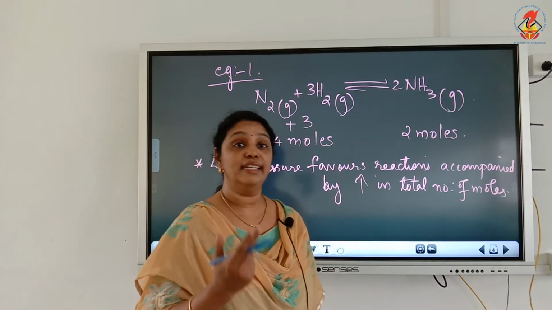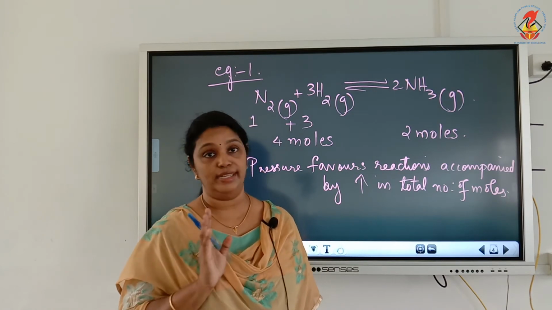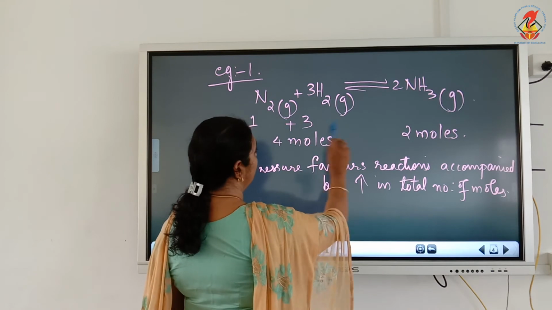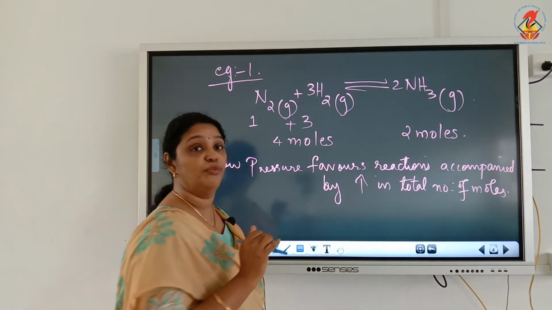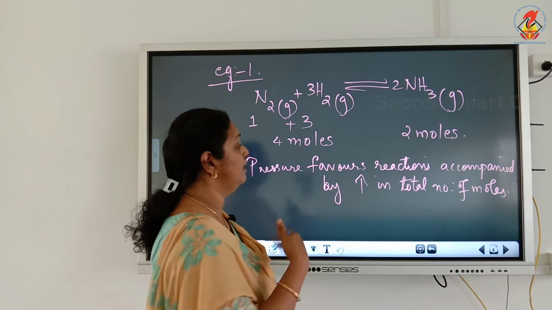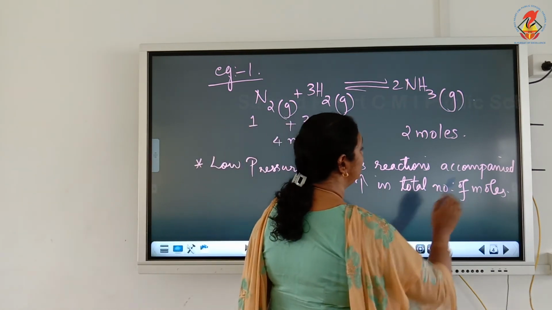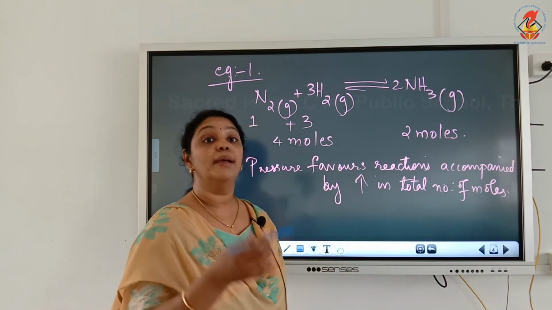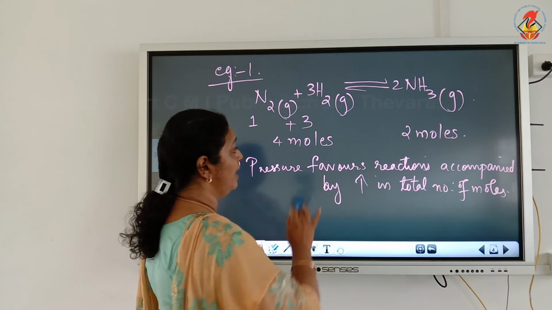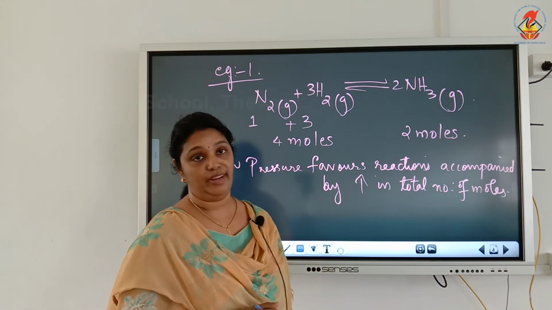So, if there is an increase in total number of moles, then pressure decreases. If you look at this reaction, you can see in the forward direction the total number of moles decreases, and in the backward reaction the total number of moles increases. So, I told you if there is an increase in total number of moles, then low pressure is favorable, which means for this reaction, low pressure favors the backward reaction.